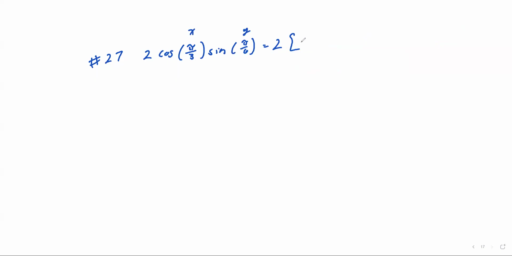So cosine times sine would give me a 1/2 sine of x plus y, so that's pi thirds plus pi sixths, minus sine of pi thirds minus pi sixths. 2 times 1/2 will just go away, so I'll be left really with sine of pi thirds plus pi sixths. Well, this is the same thing as 2 pi sixths, so that gives me 3 pi sixths.